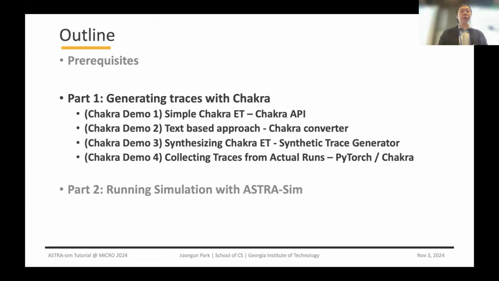Third, we provide a synthetic trace generator for end-to-end large language model simulation, which I will also show you later. And at the last stage, I will show how we can actually collect the traces from actual PyTorch runs.